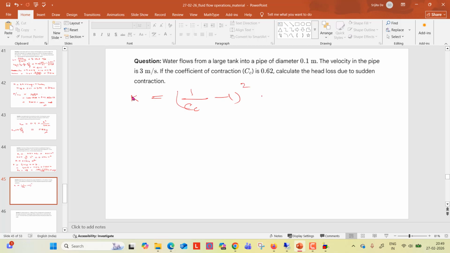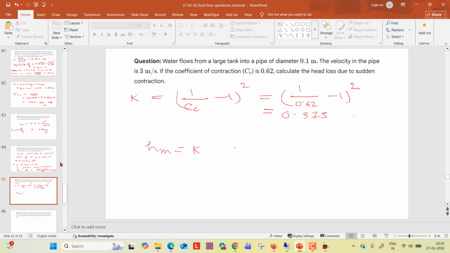So it is coming as (1 by 0.62 minus 1) whole square, which is 0.3756 or 0.375.